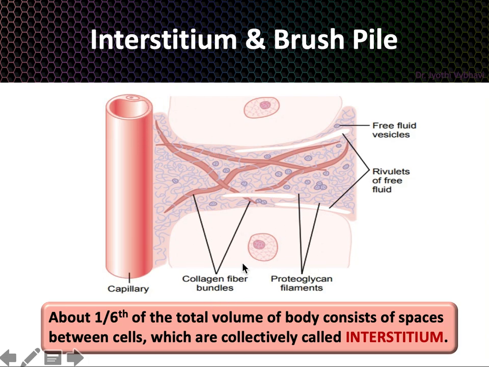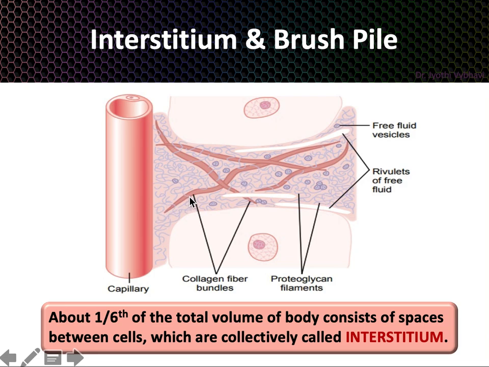In between these two cells, there is interstitium. So what is this interstitium made up of? It is mainly made up of two solid structures. That is the collagen fibers. Can you see these collagen fibers? And these small purple fiber-like things are proteoglycan filaments.